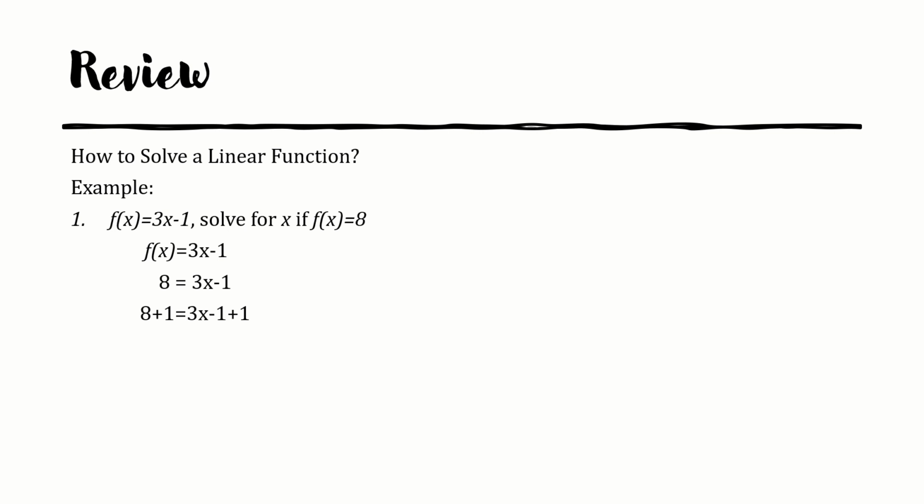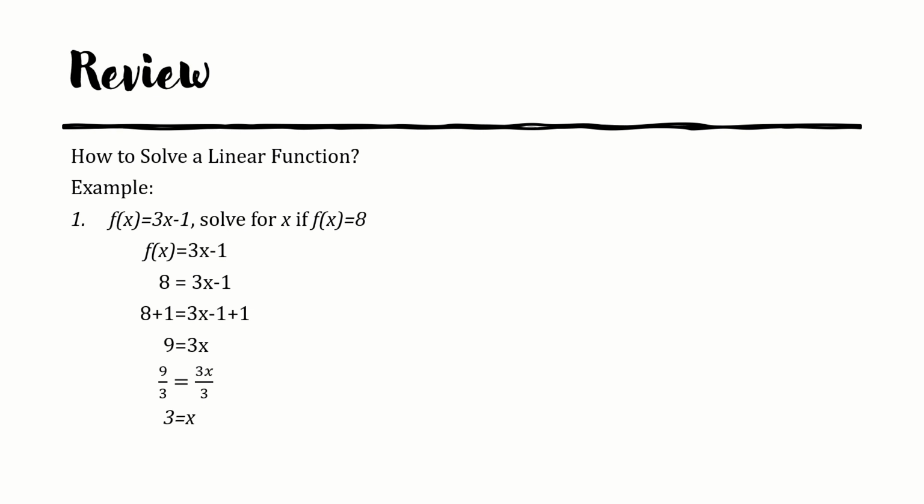We have 8 plus 1 is 9 and negative 1 plus 1 is 0. So we write 9 equals 3x. And we continue to isolate the variable, so we divide both sides by 3. 9 divided by 3 is 3, and 3x divided by 3 is x. It is easy as counting 1 to 3, right?